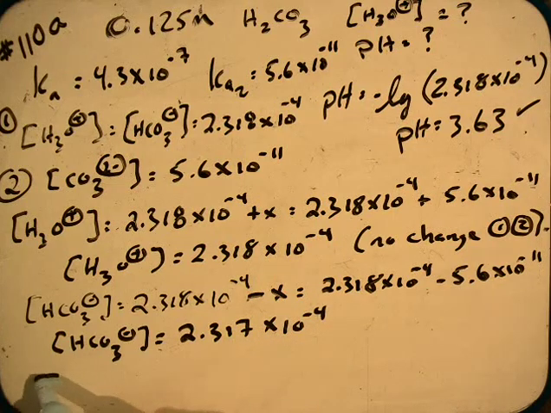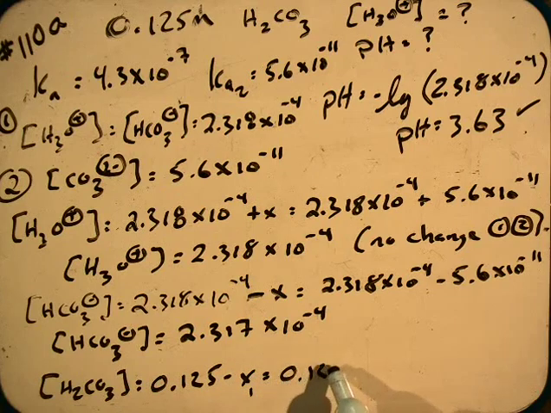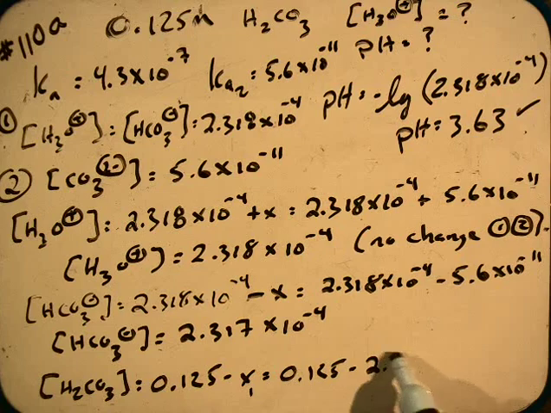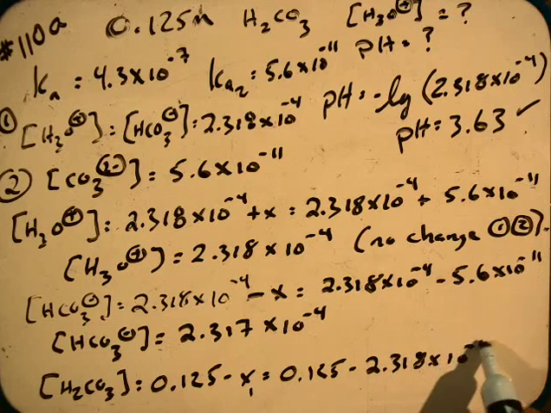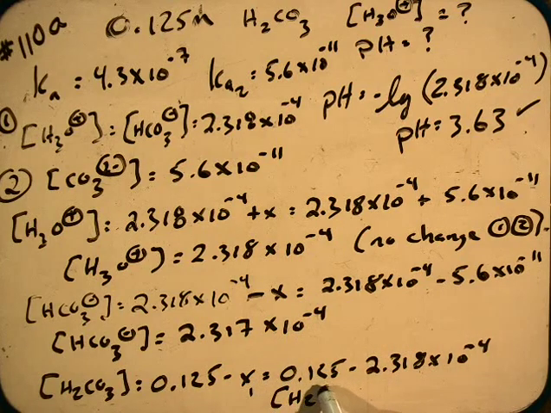And then lastly, we could also figure out the concentration of the carbonic acid, which remember was 0.125 minus x from the first step, or 0.125 minus the 2.318 times 10 to the negative 4th, to then give us our carbonic acid concentration to be equal to 0.124 molar.